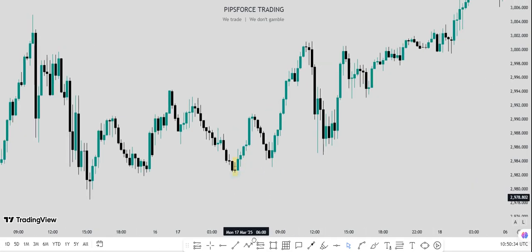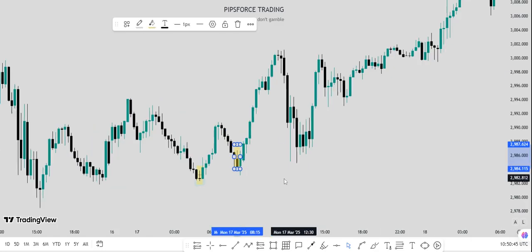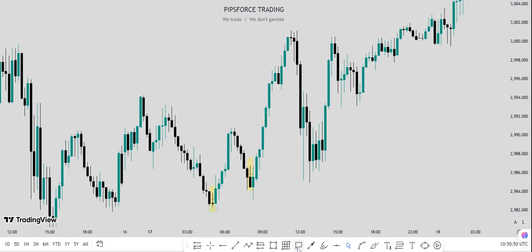The next one is also this particular candle. You can see we have our last selling candle at this level, the black candle here, the last candle before we have this massive push to the upside. You can literally find this in all time frames and all instruments.